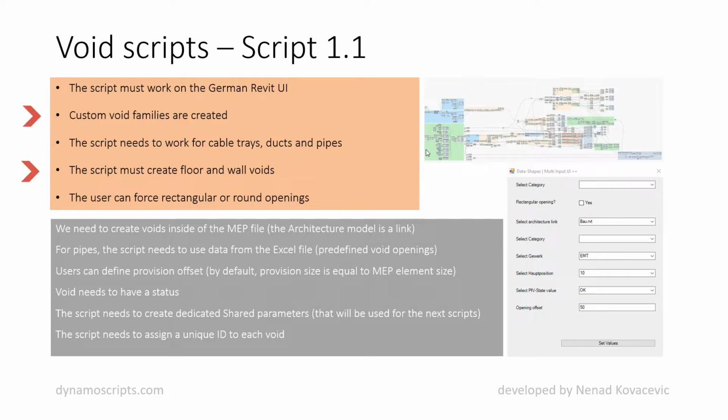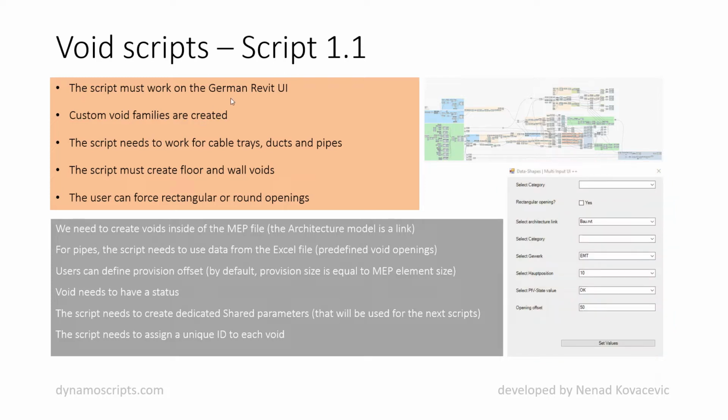Second requirement is that we must create a script which will work for the walls and the floors. So for that purpose I did create separate provision families for walls and floors. On this MEP side, the script must work for the cable tray, duct and pipe. The user can force, over here on the right side you can see what is the user interface at the moment when somebody runs the script.